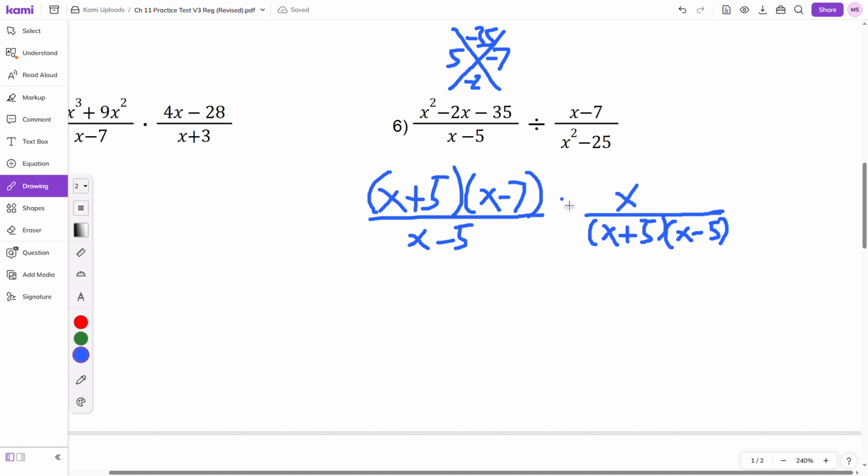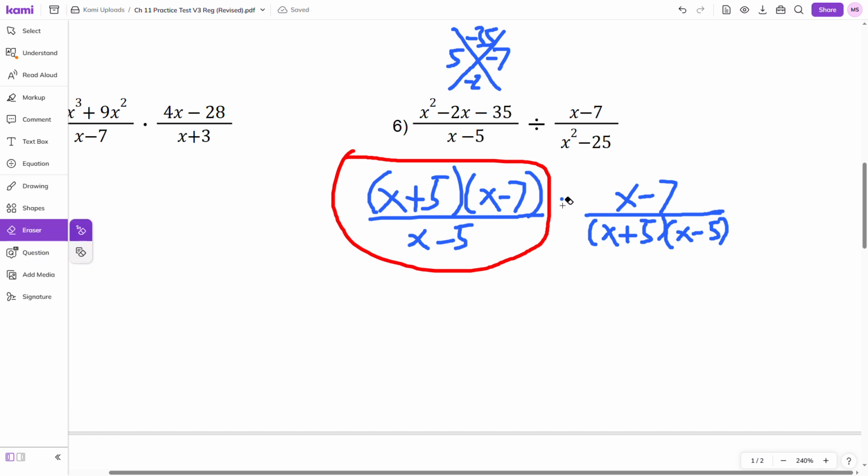And we still have division. And now we're going to do KFC, which means that we keep the first one, and we're going to change this sign right here. So this is going to be times. And then we're going to flip this.